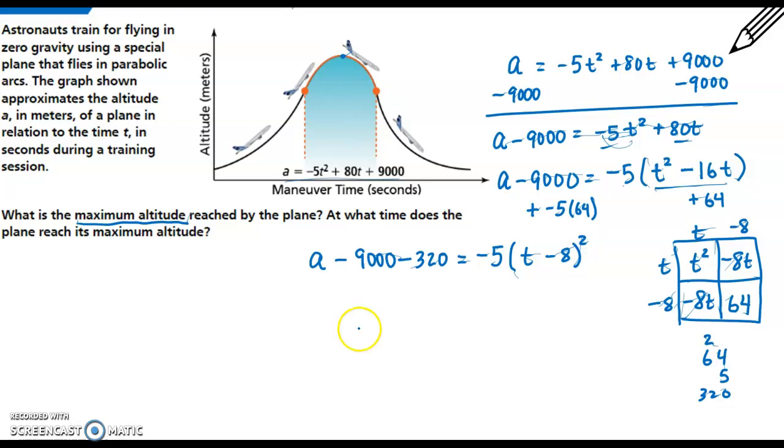One minute, please. I'm going to combine like terms over here. So I have a minus 9,320, and then the last thing I'm going to do is add the 9,320 to both sides of my equation.